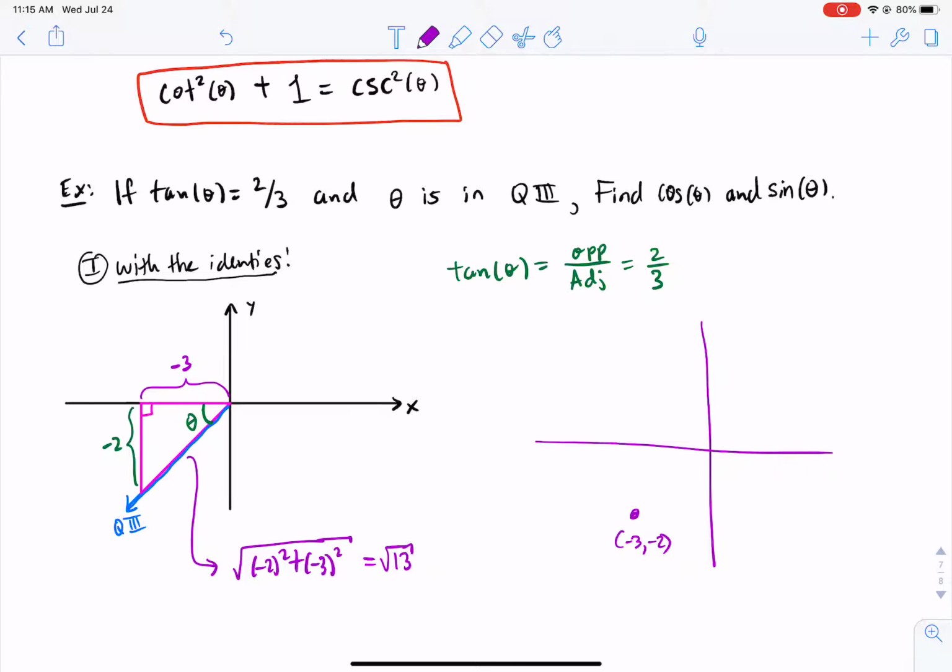What will be the length right here? This side right here will be -2, right? And what about this one over here on the right side? This will be -3. And on the other side, the height over there will be -2.